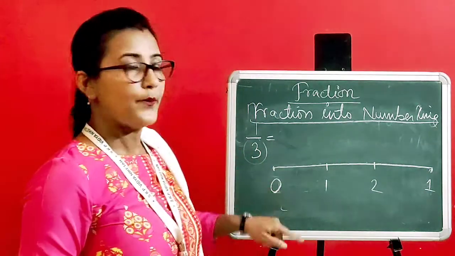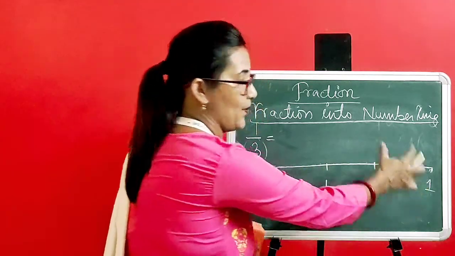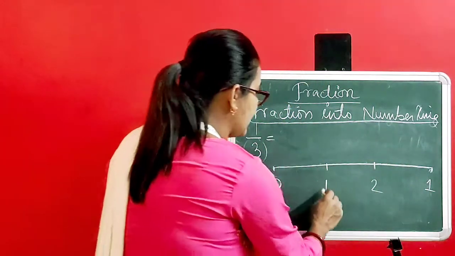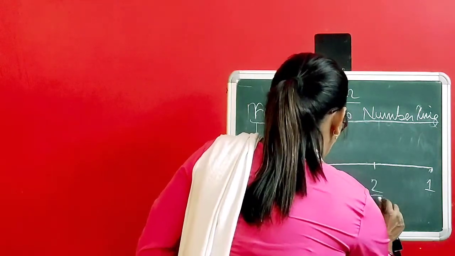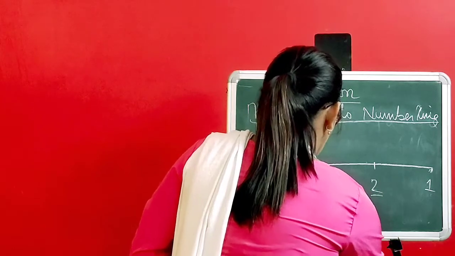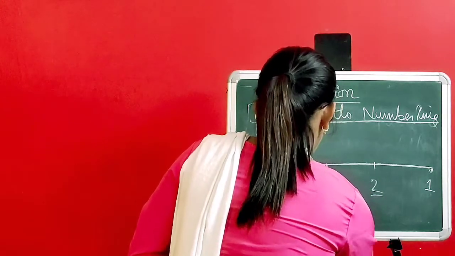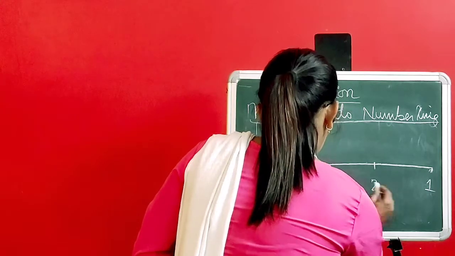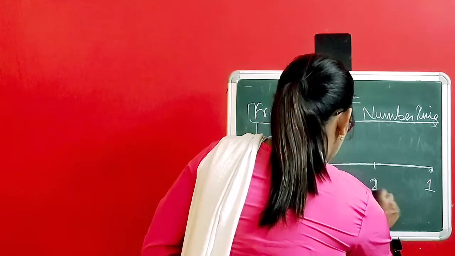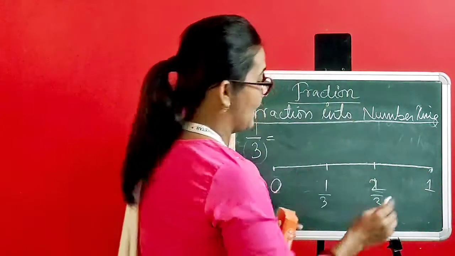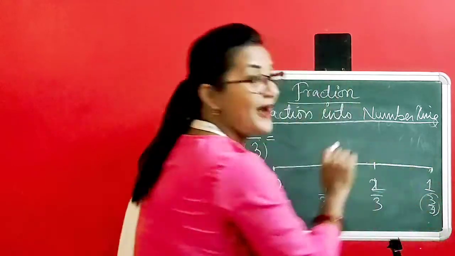Now we have to represent 1 by 3. From these 3 equal parts, this is 0, this is 1 by 3, this is 2 by 3, and this is 3 by 3, which means 1 only.